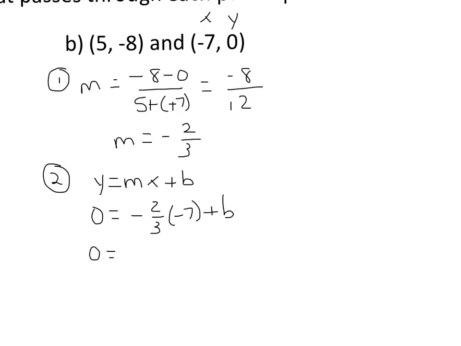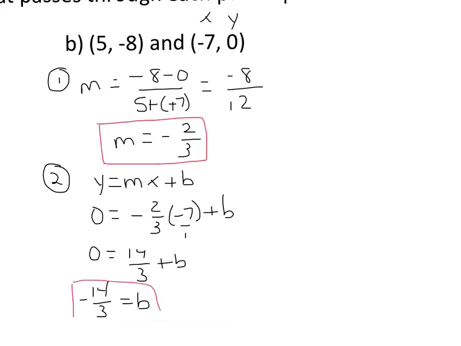So 0 equals, negative times negative is a positive. Remember, this is 7 over 1, so it's just 14/3 plus b, and subtract the 14/3 off. So I end up with negative 14/3 equals b. And I'm going to go ahead and just leave it like that. So I'm going to have a negative 2/3 for my m and a negative 14/3 for my b value.